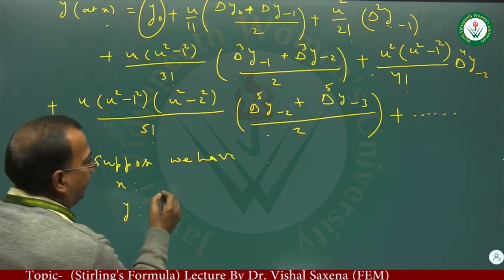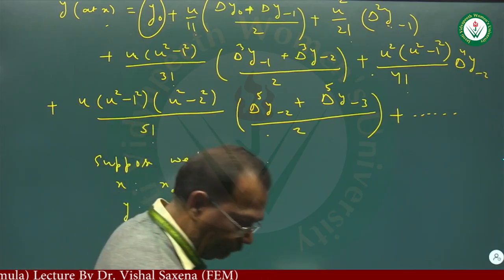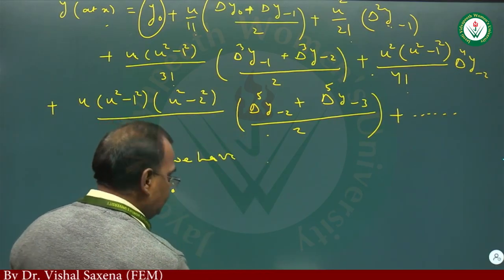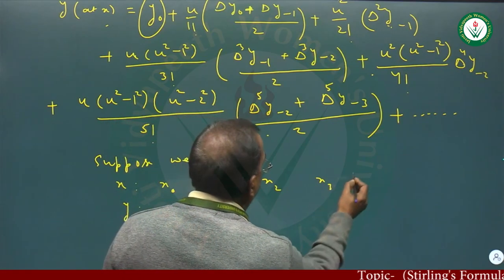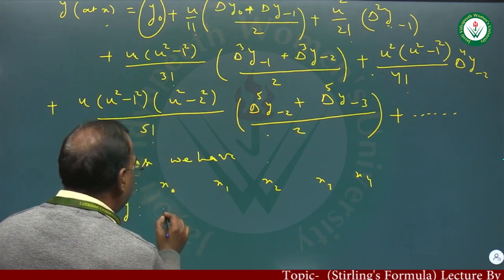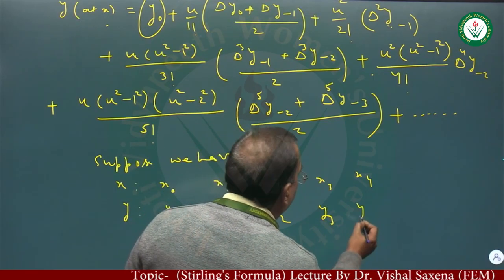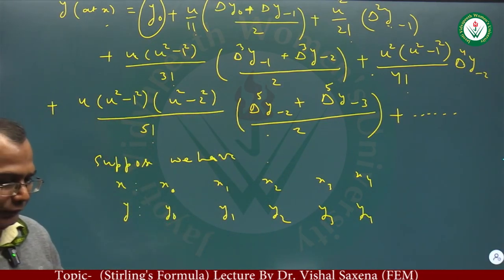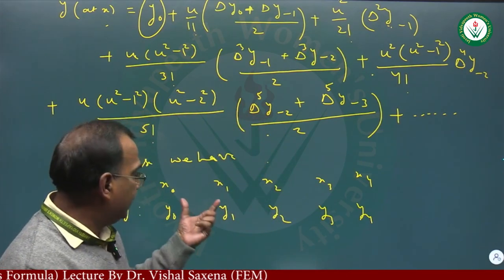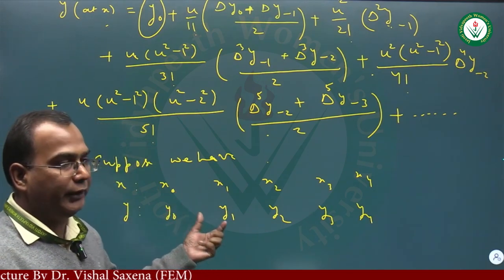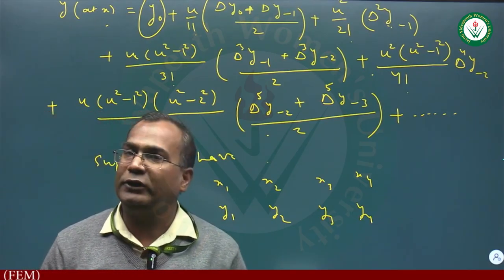Suppose x is x naught, x1, x2, x3, x4. Then y is taken as y naught, y1, y2, y3 and y4. This is general, just an assumption, and according to this we can use these data or this nomenclature or notation for the forward or the backward interpolation formula.